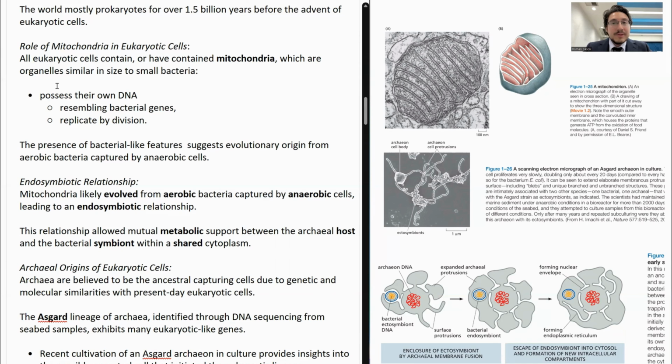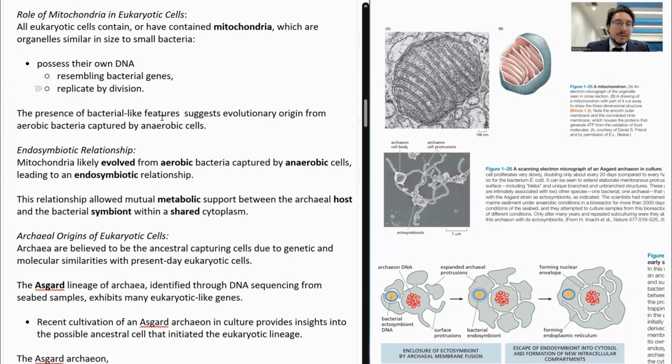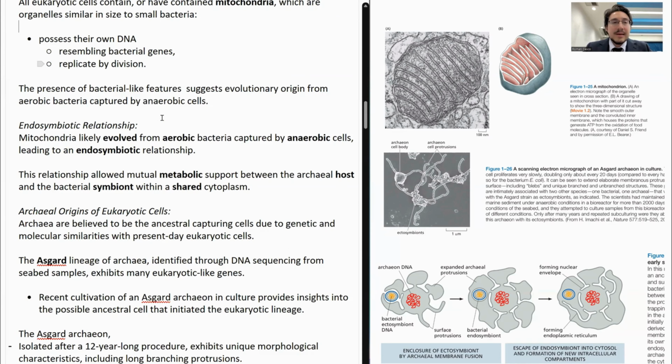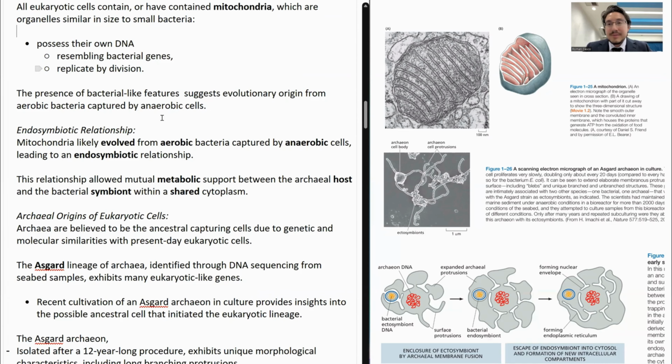So aside from the nucleus that a eukaryotic cell has, mitochondria and chloroplasts actually have their own DNA, in little circular, plasmid-like form, and they resemble bacterial genes. And mitochondria replicate by division, and they can replicate independently of the cell replicating.